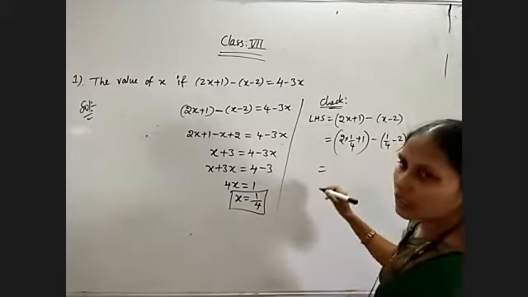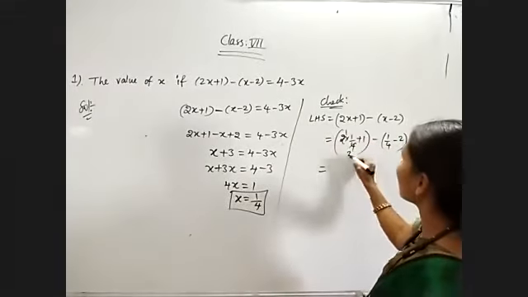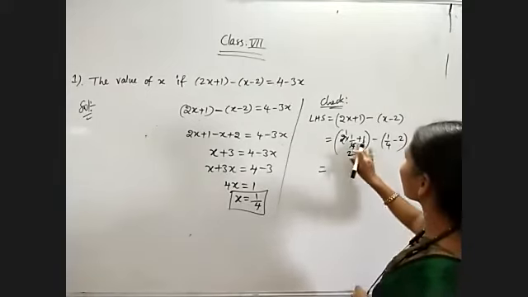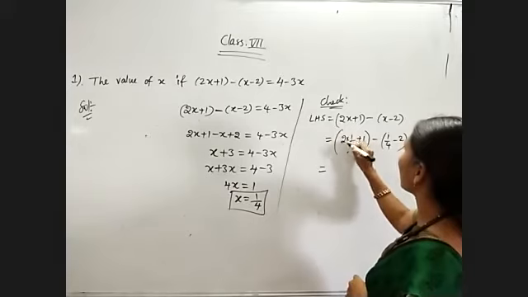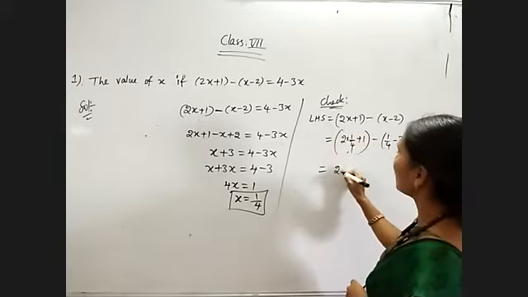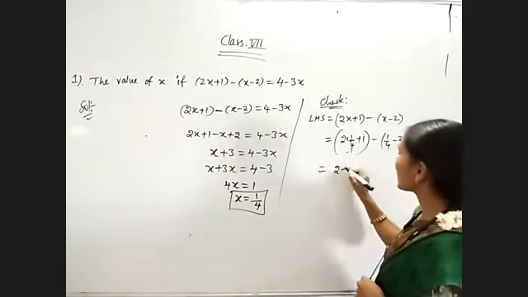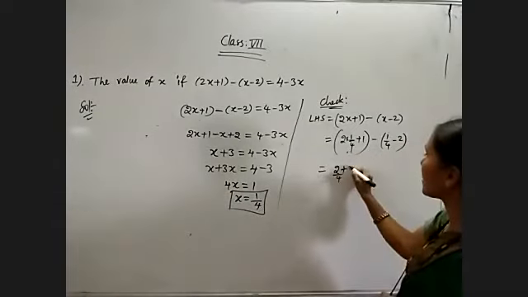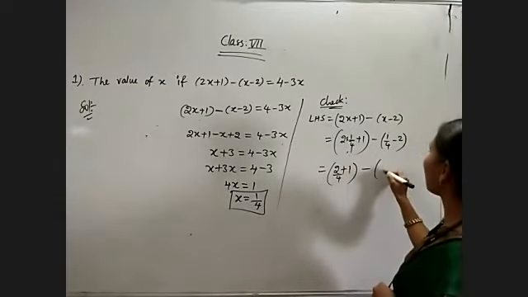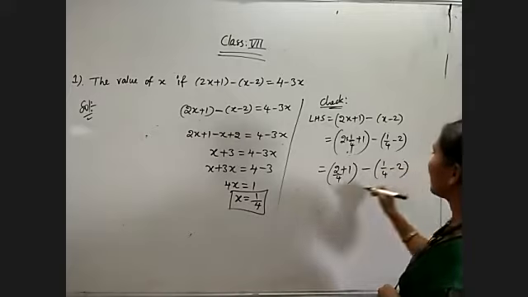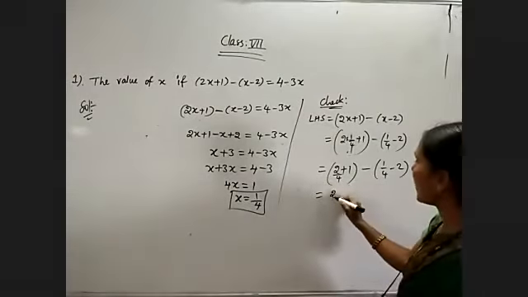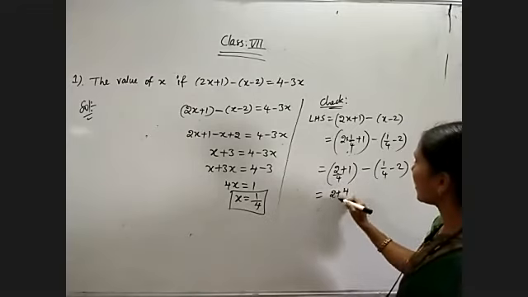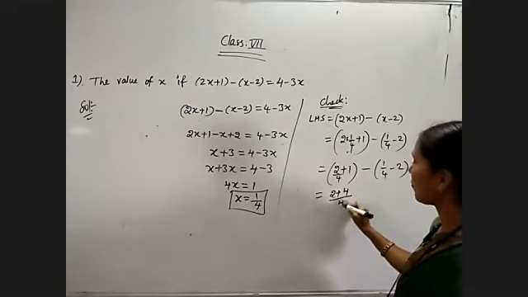Simplify this. 2 ones are 2, over 4, or take it as 2 by 4 only. So 2 by 4 plus 1 minus (1 by 4 minus 2). Now go through with the cross multiplication and simplify. 2 plus 4 ones are 4, divided by 4 ones are 4.